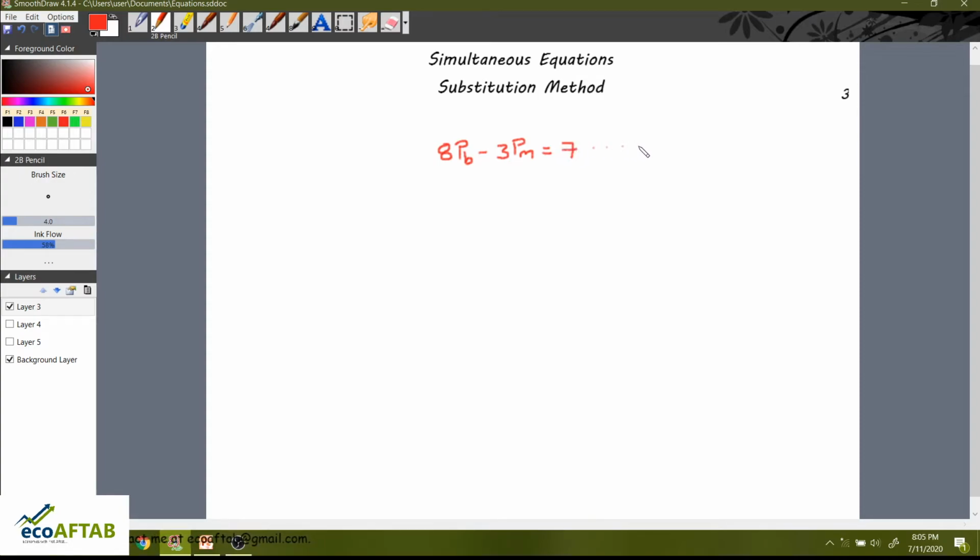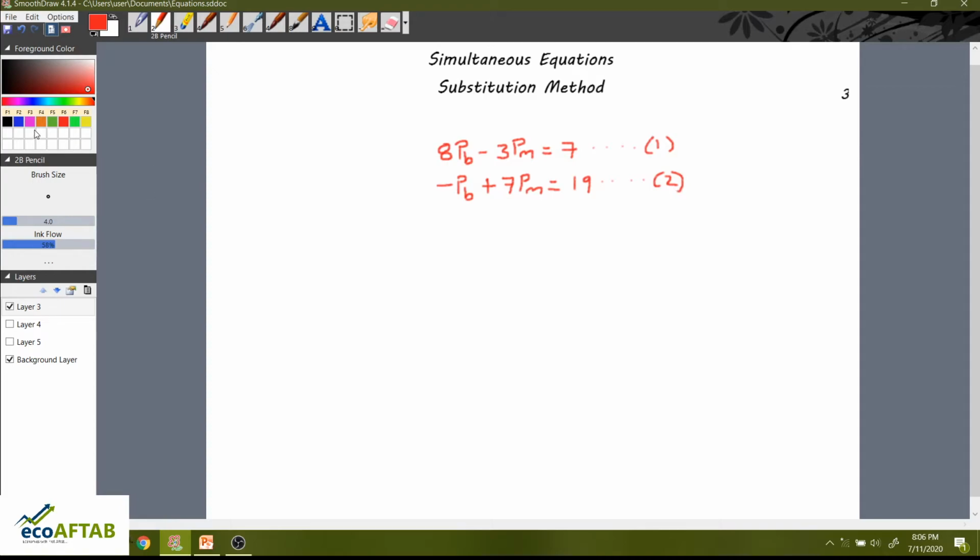Let this be our equation number 1, and the next equation is minus PB plus 7PM is equal to 19. Let this be our equation number 2. So what are these equations? These are the equations of two different markets.